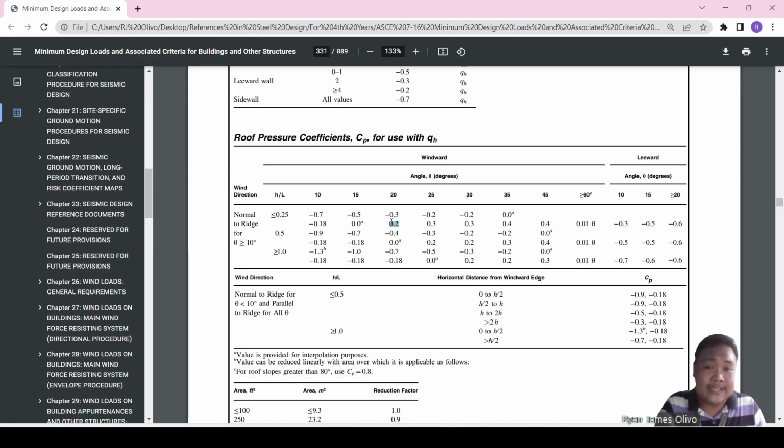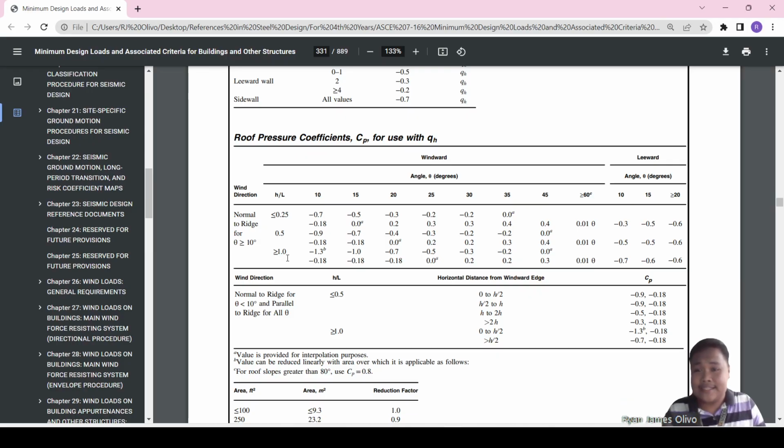The other case is the windward roof in positive pressure, that is 0.2. Similarly, if our h over L is 0.5 and our angle is 20 degrees, we only have one load case for this, and that is negative 0.4. So only negative 0.4 for the windward.